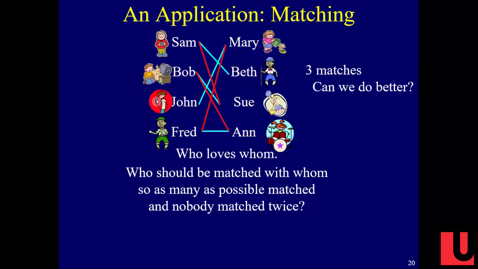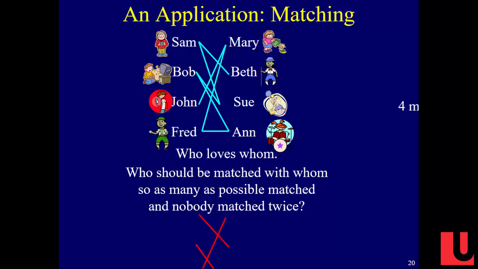And then Fred could marry Anne, and Anne could divorce Bob, and Bob could marry Sue, and Sue could divorce Sam, and Sam could marry Beth. Right? It would be what I call a great day for lawyers. Right? And then we have a matching. Everybody buy that?